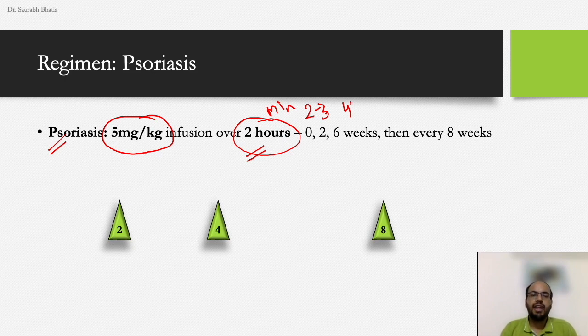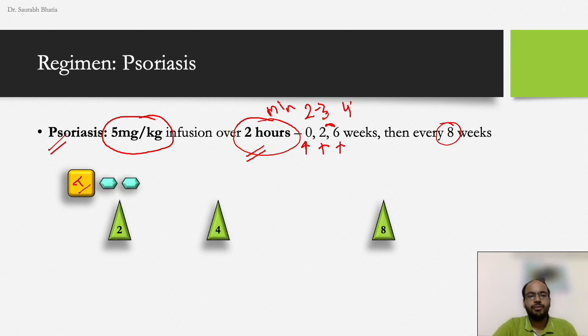This infusion is given at week 0, at the 2nd week, at the 6th week. That means 4 weeks after the second dose, and then every 8 weeks. So you will give the first infusion at day 0. Every box is 5 mg per kg infliximab.